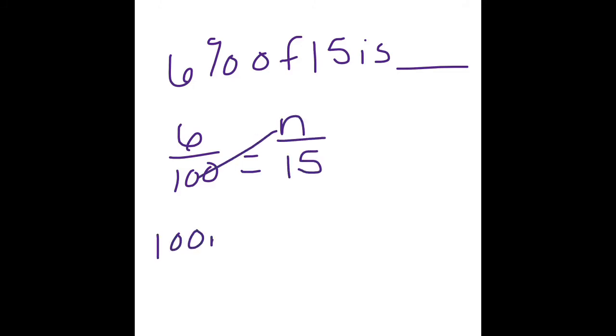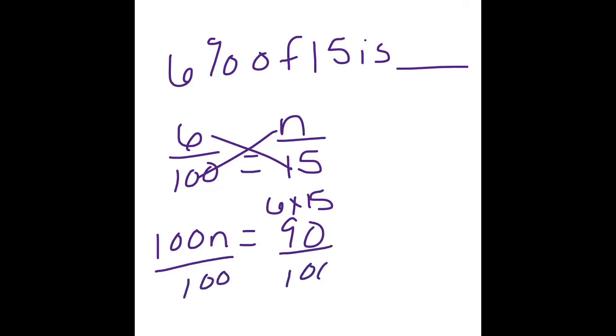So you get 100n, and then 6 times 15. We get 90. So you're getting 0.9.